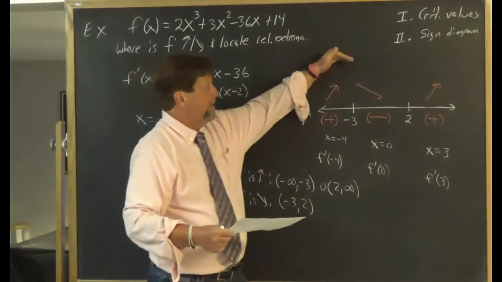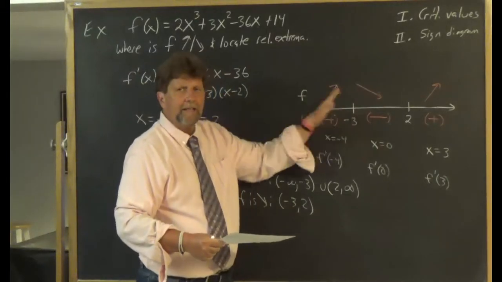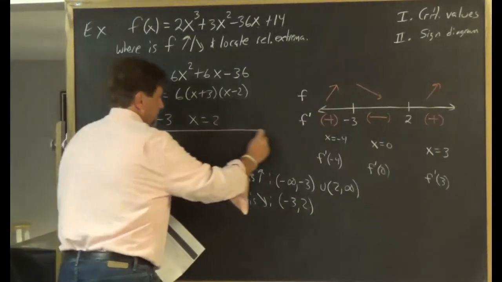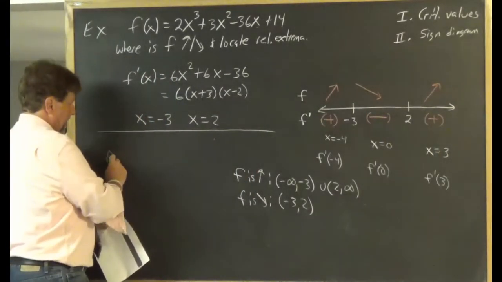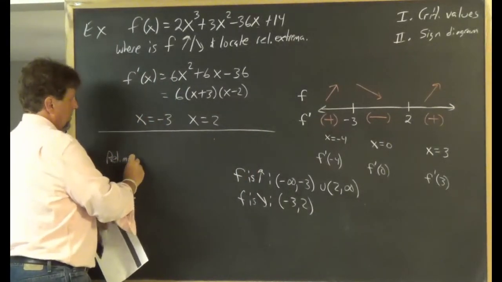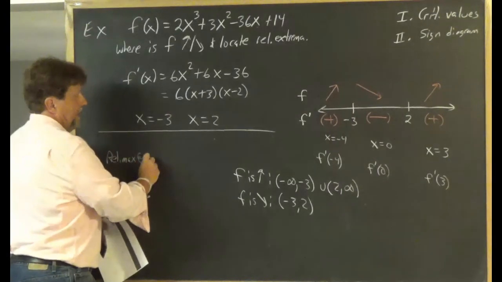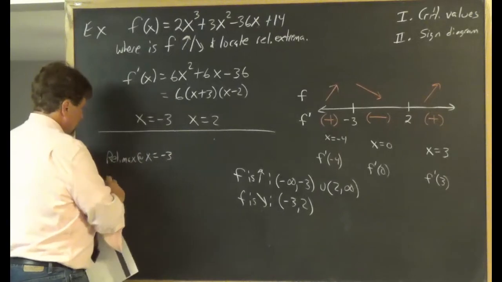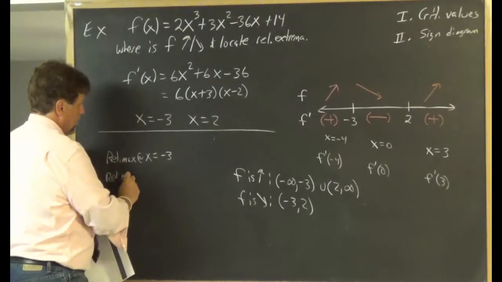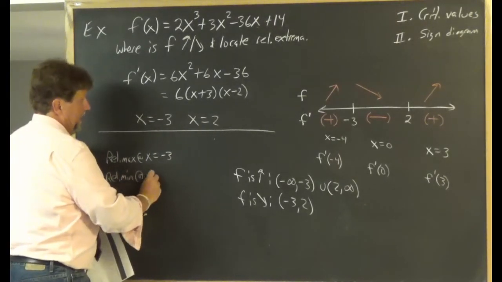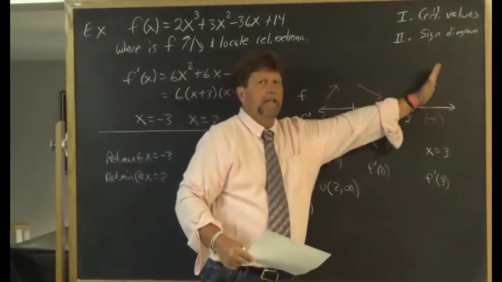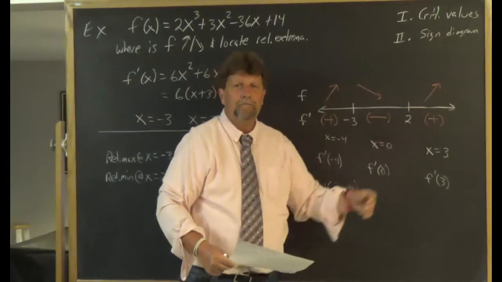I can see increasing, decreasing. Here's a relative max. I've hit a high point. So it tells me that we have a relative max at x equals -3 and a relative min at x equals 2, because I'm decreasing and then increasing, so I've hit a valley bottom.